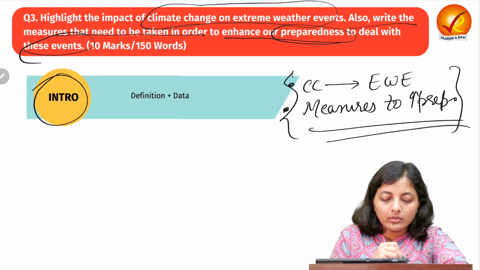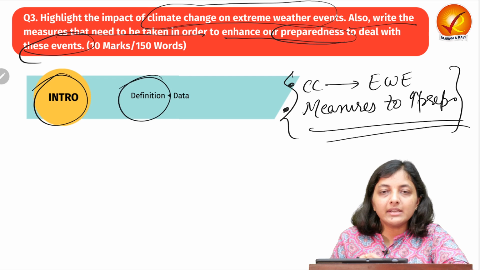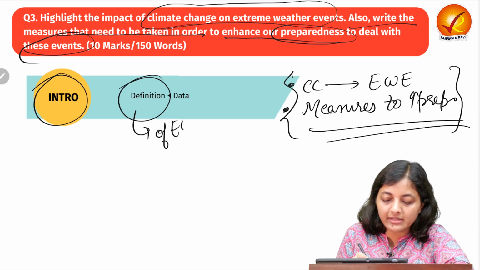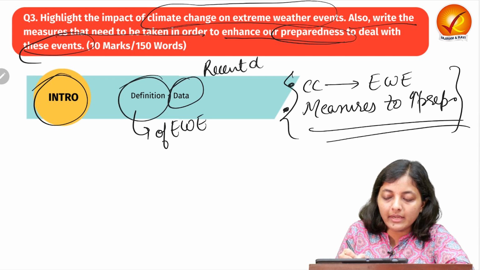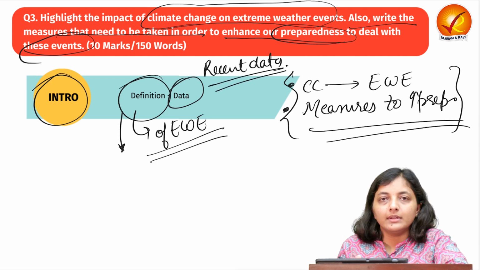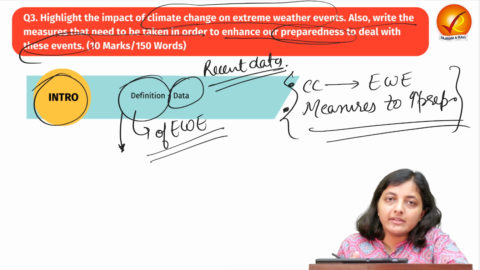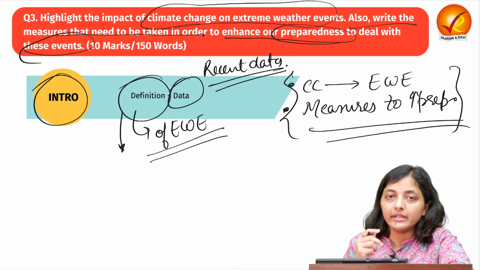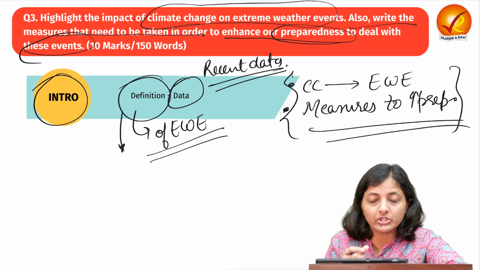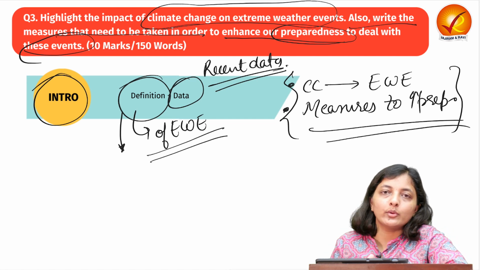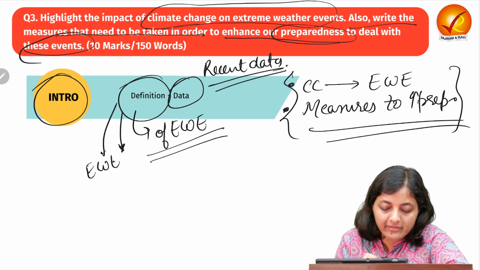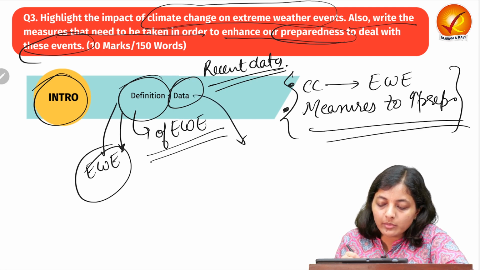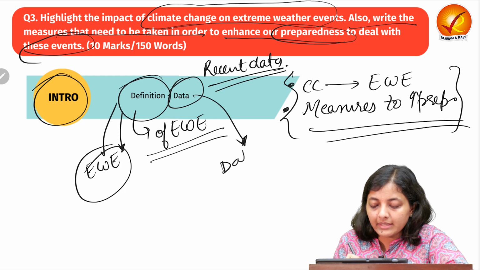In the intro, we can simply give the definition of extreme weather events, or we can quote some recent data. Extreme weather events are abnormal in terms of time, location, intensity and frequency. So this is the basic definition, and you can put some data.